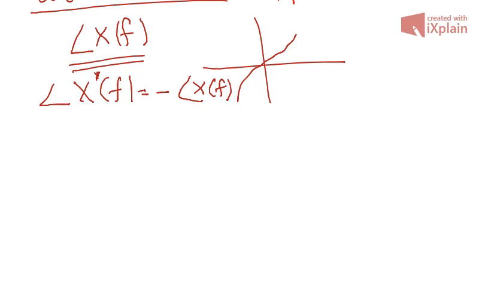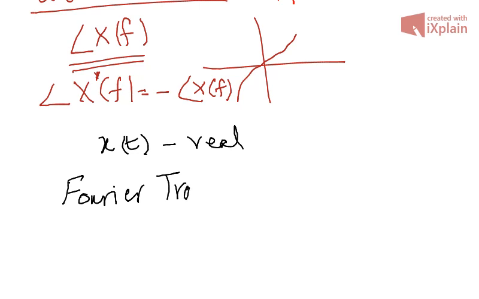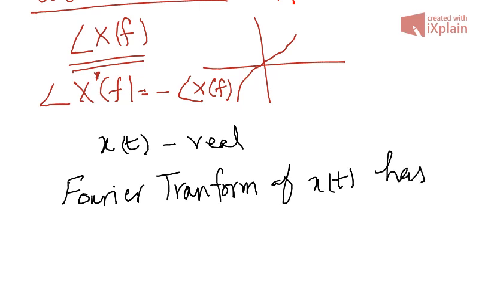When you have a signal x of t which is real, we say the Fourier transform of a real signal has Hermitian symmetry.